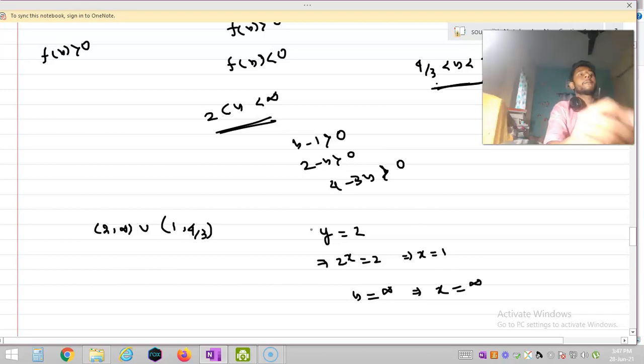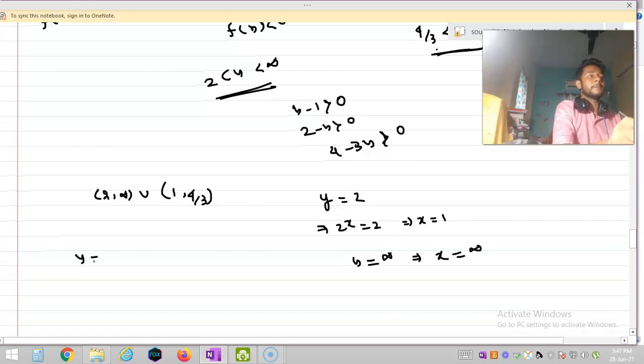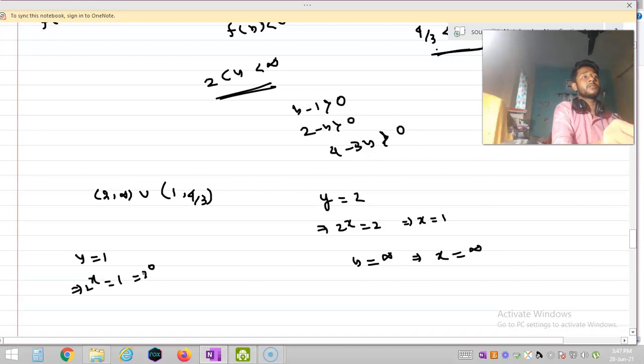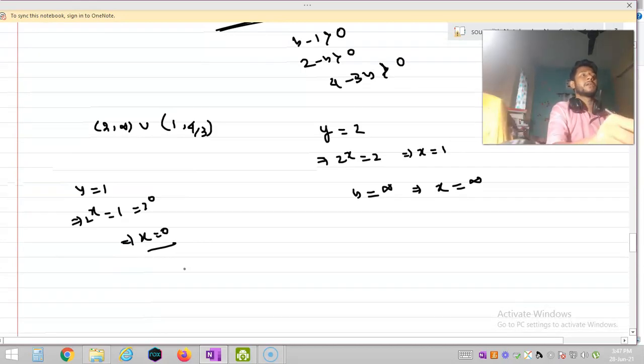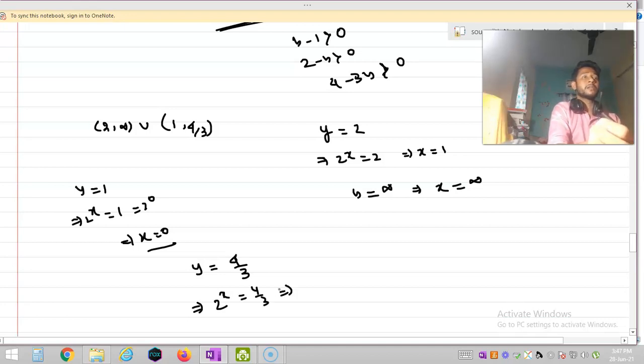If y equal to 1, 2 to the power x is equal to 1, which is 2 to the power 0, then x is equal to 0. And if y is equal to 4 by 3, then 2 to the power x is equal to 4 by 3, so x is equal to log 2 base 4 by 3.